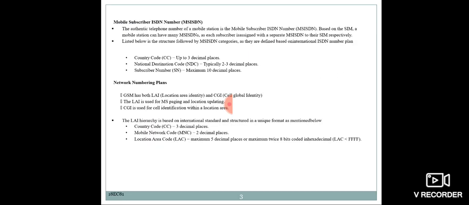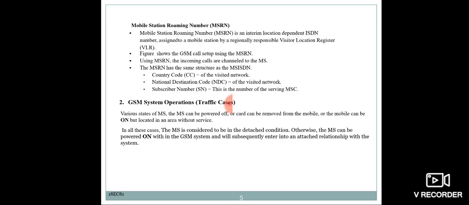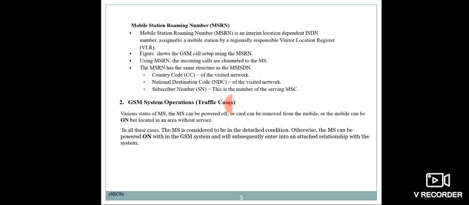So, next is the GSM system operation, that is when the traffic cases. How is it going to be handled? First, initially it is going to be under the call setup phase.